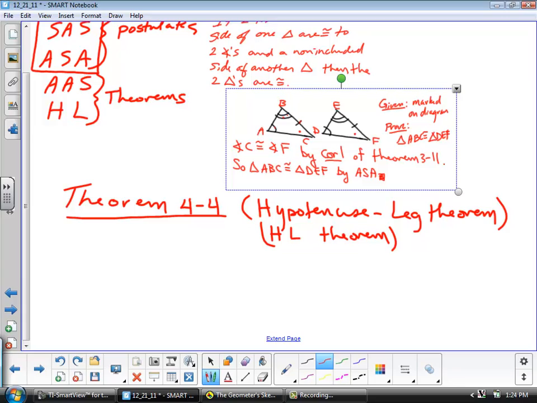This theorem says if a hypotenuse and a leg of one right triangle are congruent to a hypotenuse and a leg of another right triangle, then the two triangles are congruent.